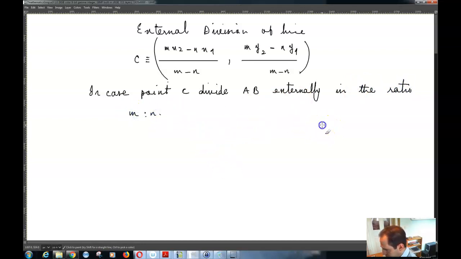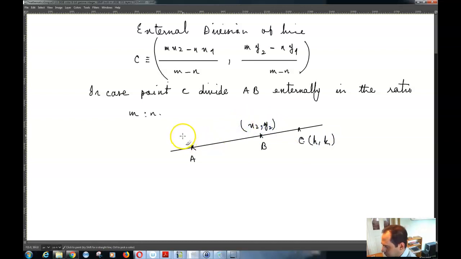What that means is that you have this line segment over here. This is the exact situation that we had over here. You have A, you have B, for example, over here, and you have the point C over here. The coordinates of C are h comma k. The coordinates of B are x2 comma y2. The coordinates of A are x1 comma y1.